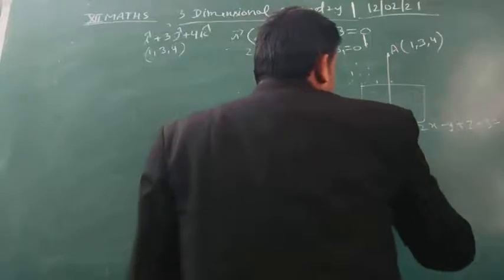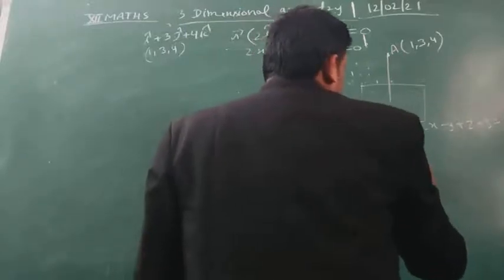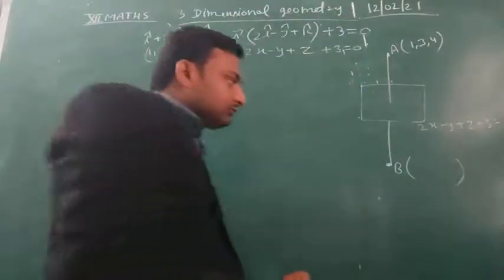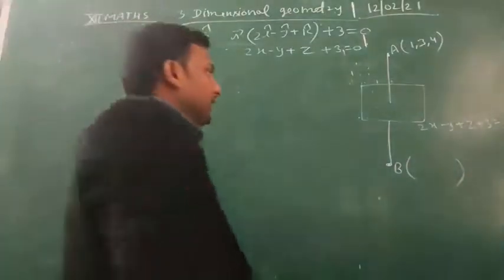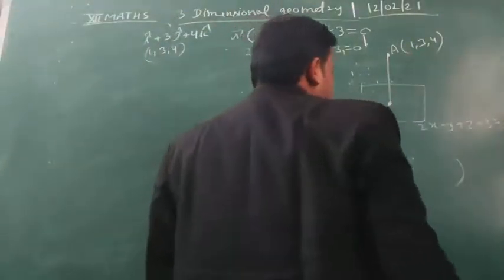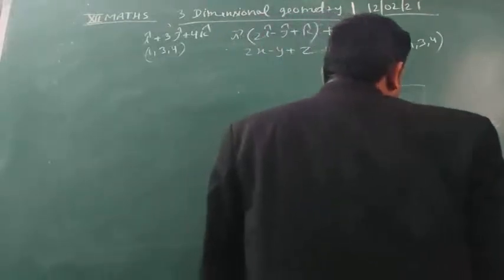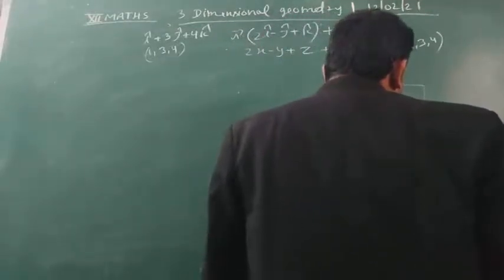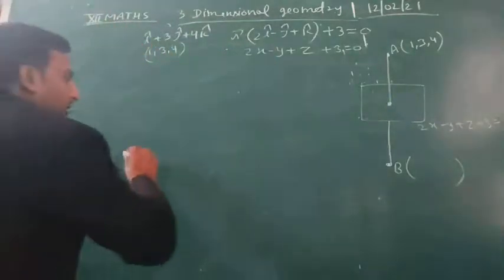So we have to find the coordinate of point B. Let P be the intersection point of the line AB and the plane.